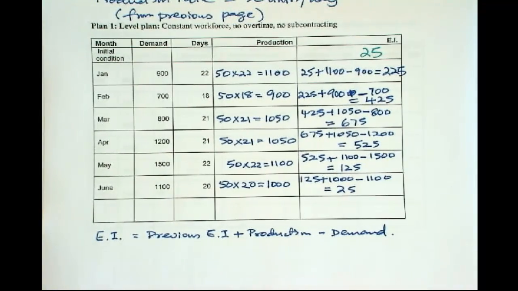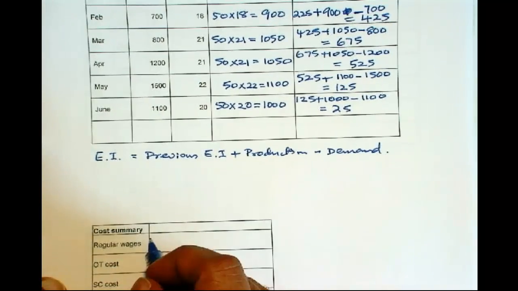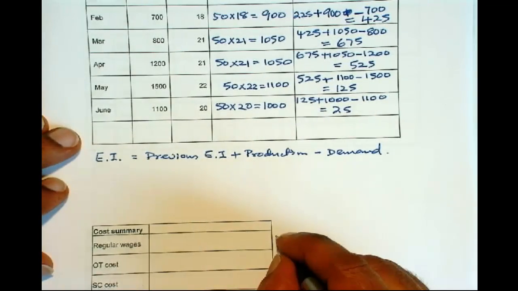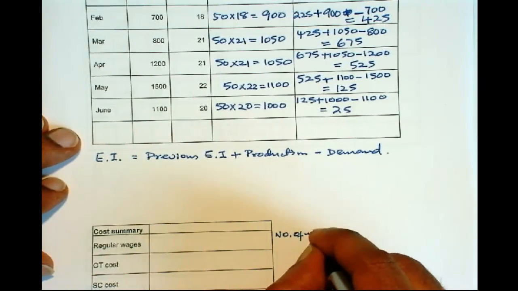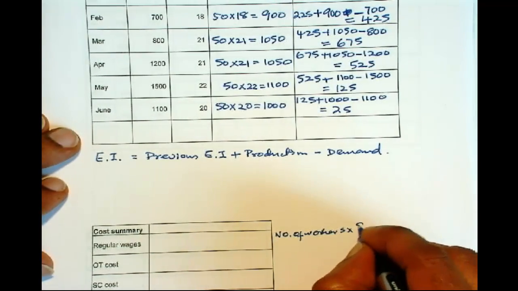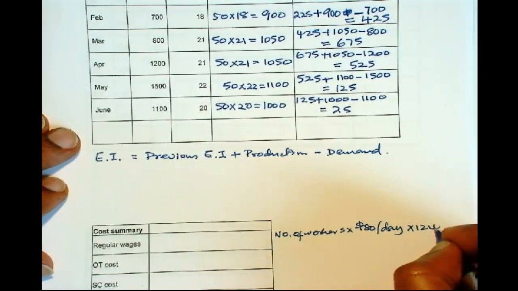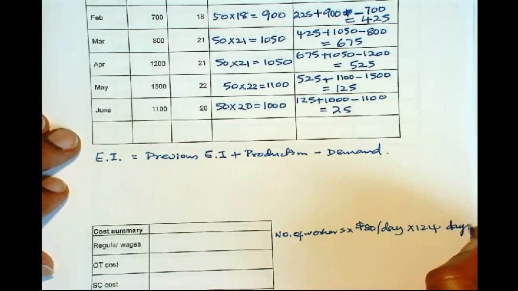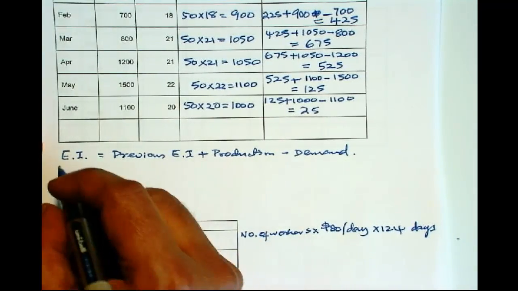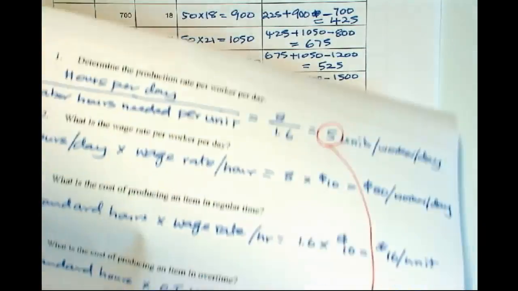Now let's compute the cost for this plan. So we have regular wages. Regular wages will be number of workers times $80 a day times 124 days. So how many workers do we need? We actually computed this in the previous page.